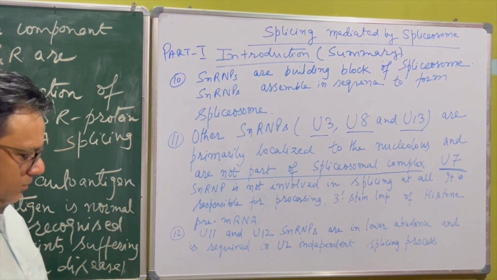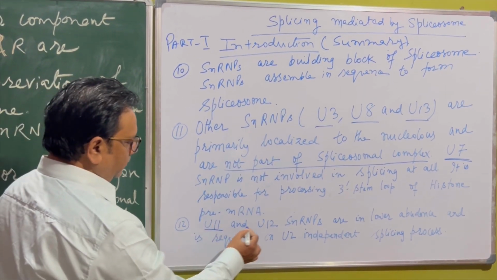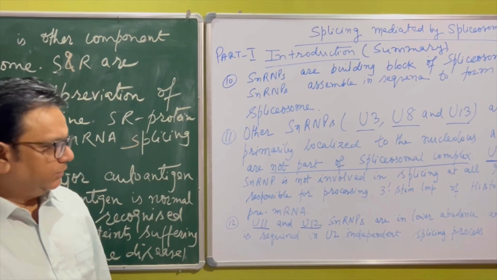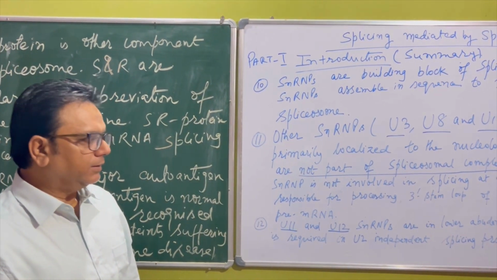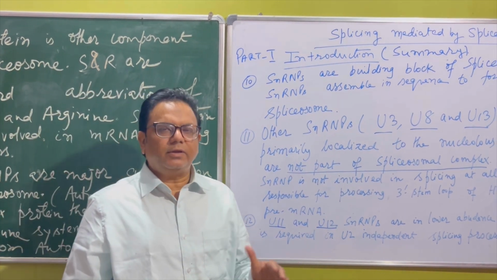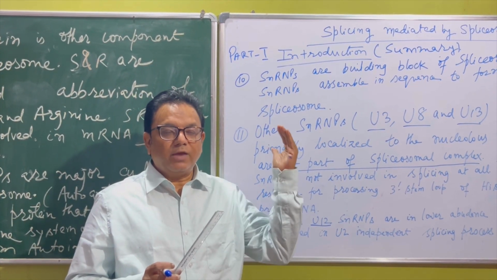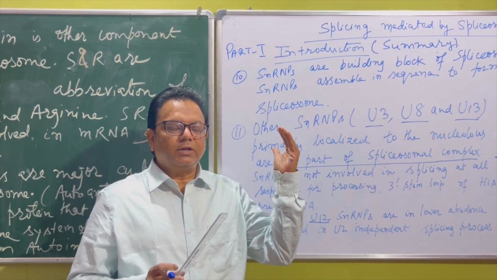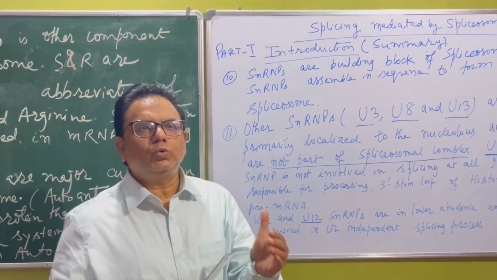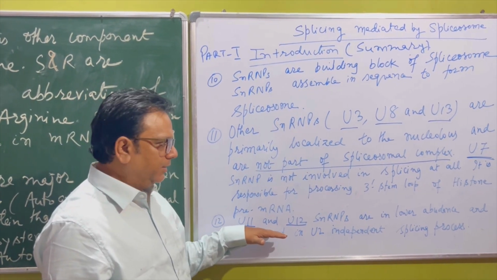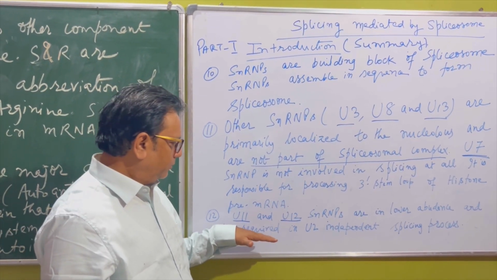Now another two interesting SNRPs are U11 and U12. These two are there, but their abundance in the nucleus is low as compared to the five snRNA, that is U1, U2, U4, U5 and U6. In that respect, it is less. And what is its role?